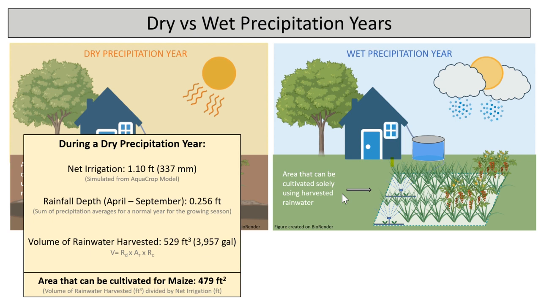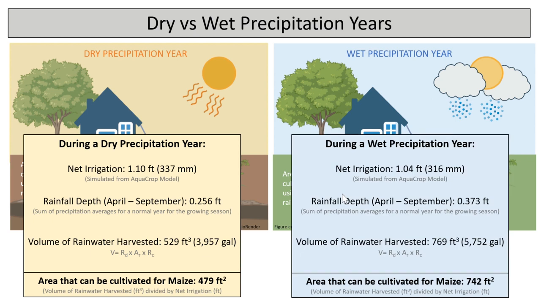For the wet year, we should expect less of a net irrigation to sustain a healthy crop, which in this case, our crop simulated it to be 1.04 feet or 316 millimeters. The rainfall depth was a total for April through September at 0.373 feet. The volume of the harvested rainwater was calculated to be 769 cubic feet or 5,752 gallons.